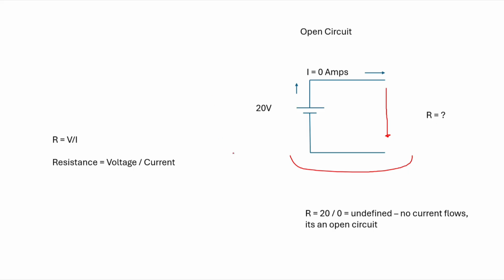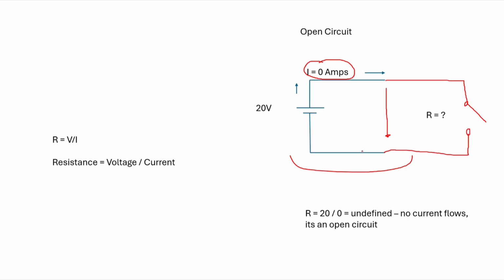So, in essence, if we don't have a path for current to flow, we're not going to have current. I is going to equal 0. Okay, I will be equal to 0. No current can flow. That's like the equivalent of having a switch and having that switch open.